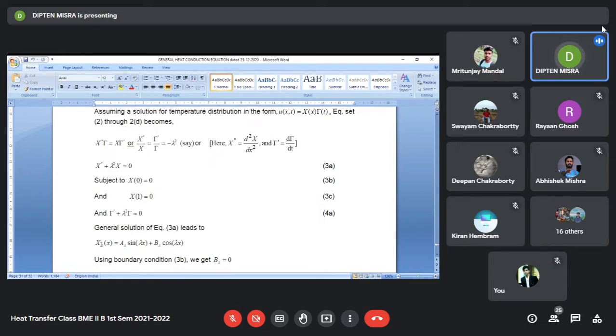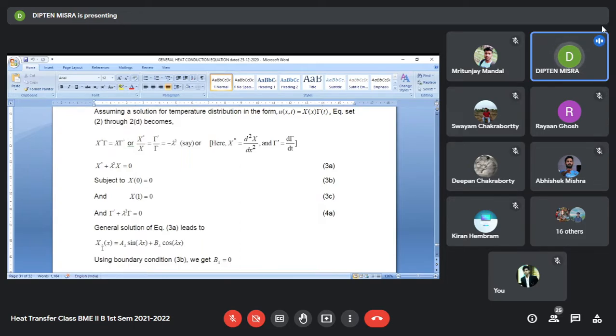So what we say is that for each and every particular value of lambda, you have a corresponding solution for X. X is not universal. X will be one value for one value of lambda, and another value for another value of lambda. So for the solution of X, we do not write X as a function of x alone, rather we write X with suffix lambda.